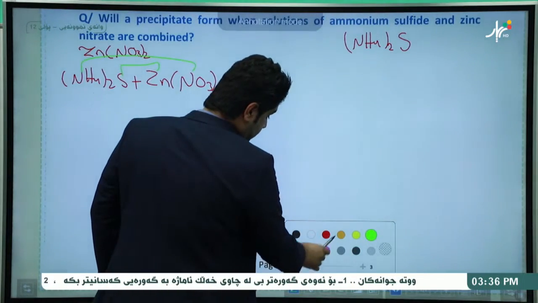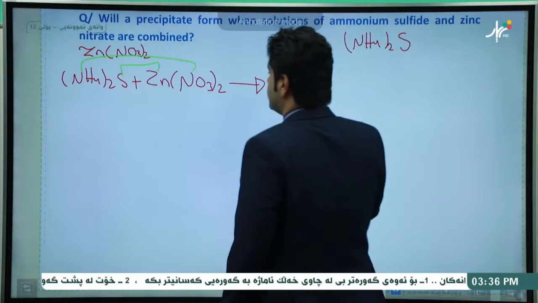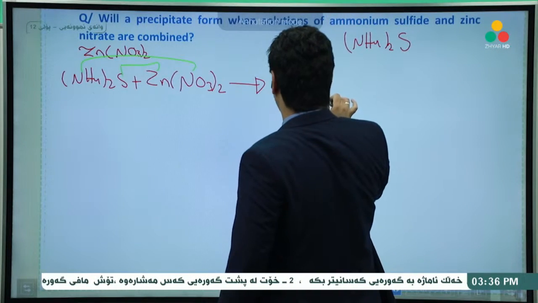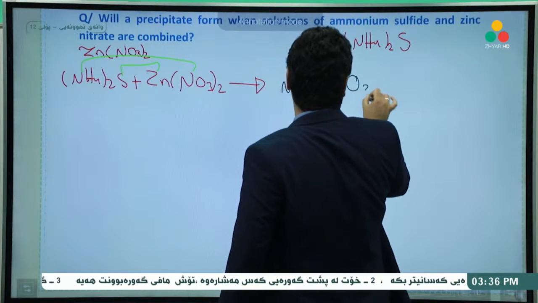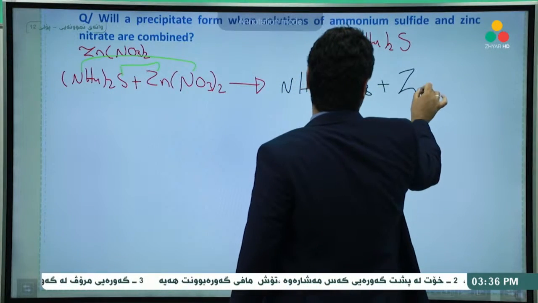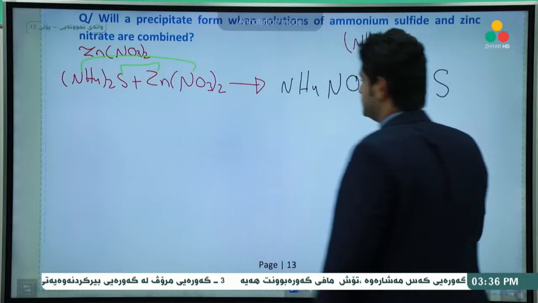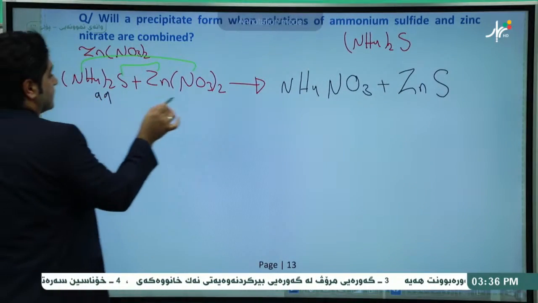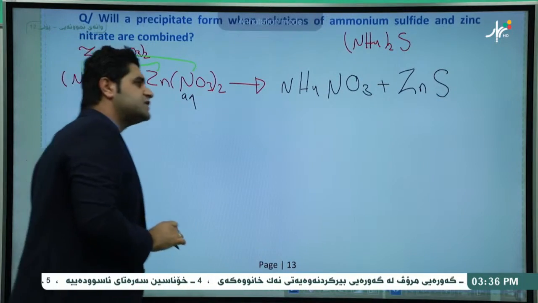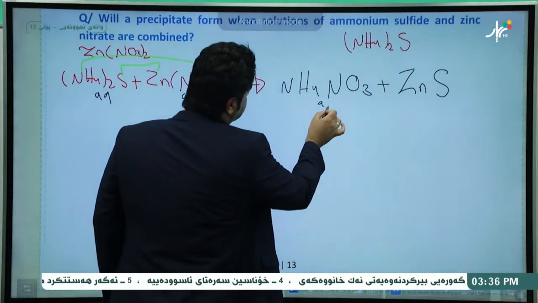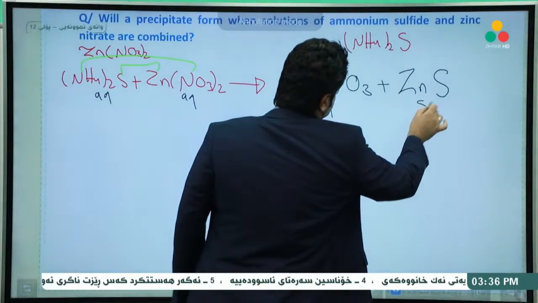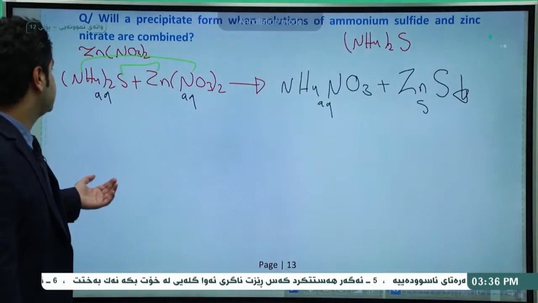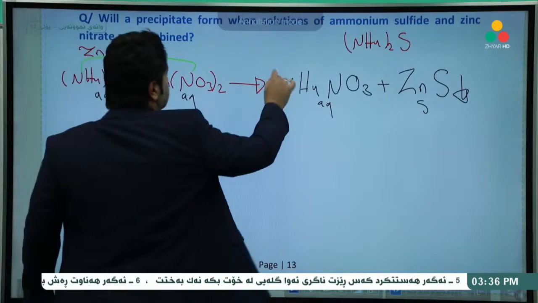Okay, the products are NH4NO3 plus ZnS. NH4NO3 is aqueous, as said by the question. ZnS is a solid, so that's the precipitate. About balancing, now it's balanced.